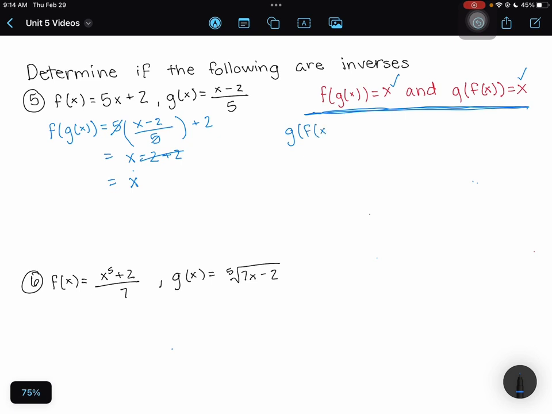And then I'm going to do the same thing, but the other way around. So I start with my g function. Everywhere I see an x, I replace it with f of x. And then I simplify. So since I don't have anything outside the fraction, I'm going to simplify my numerator first. So plus 2 and minus 2 cancel. And I have 5x divided by 5, which is x.